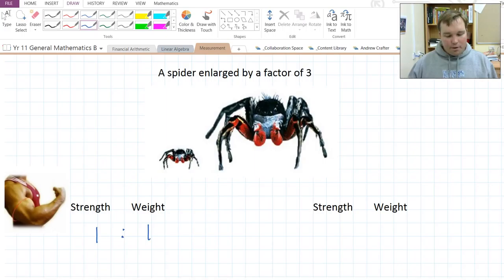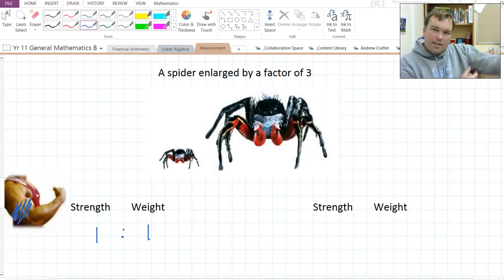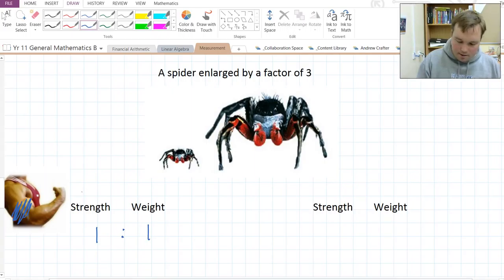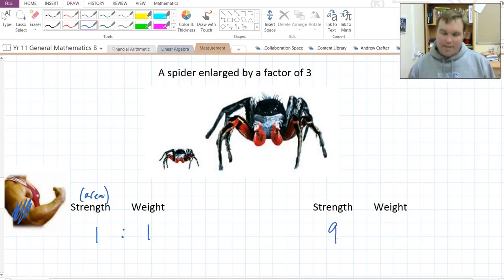After we've blown it up though, strength is proportional to cross-sectional area. So of the muscles. It's how far across the muscle is that gives you the strength. So when we scale it up, we use the area scale factor, which is 3 squared. So now, that's 9.